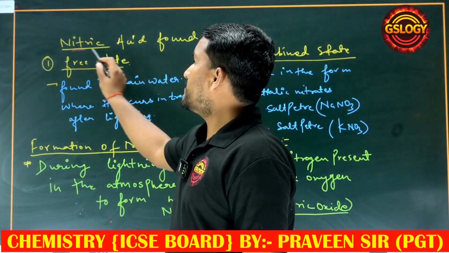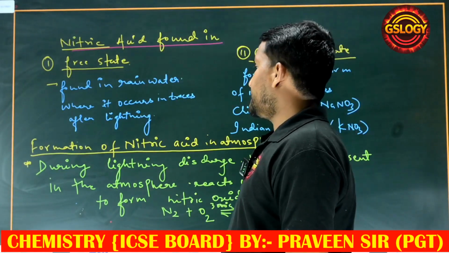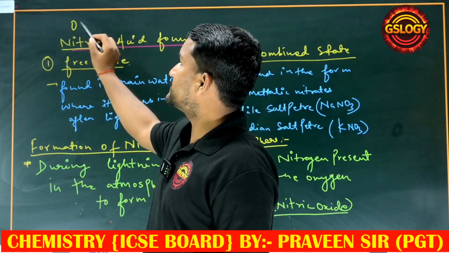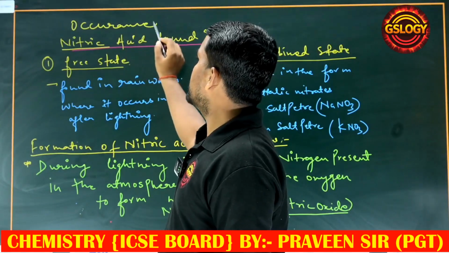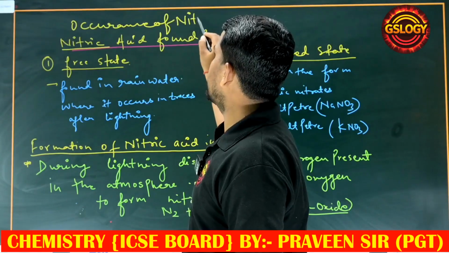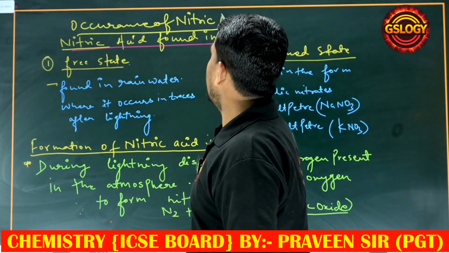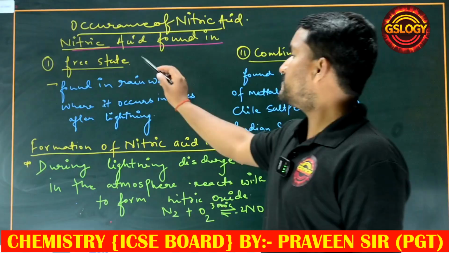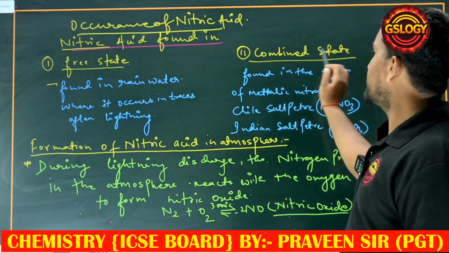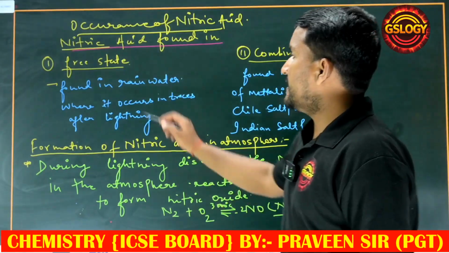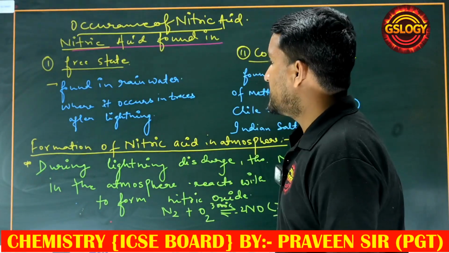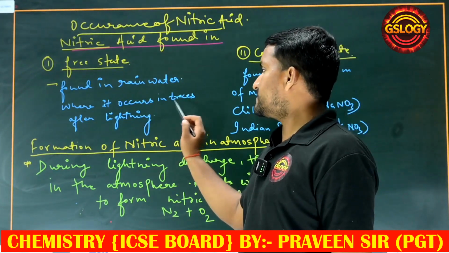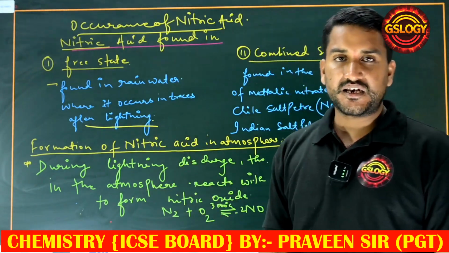The next topic is the occurrence of nitric acid. Nitric acid is found in the free state as well as in the combined state.